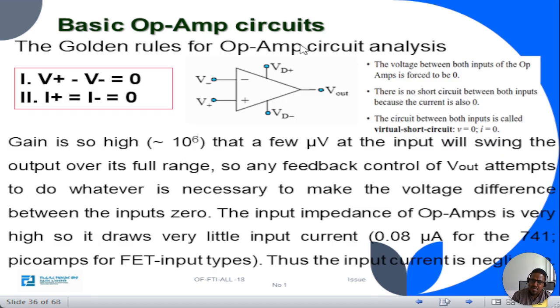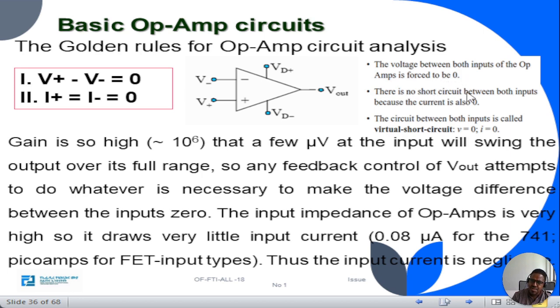For basic op-amp circuits, we have golden rules for op-amp circuit analysis. The first rule: V non-inverting minus V inverting becomes 0 always. The second rule: current into non-inverting equals current into inverting, and this also becomes 0. This means the voltage between both inputs of the op-amp is forced to be 0.